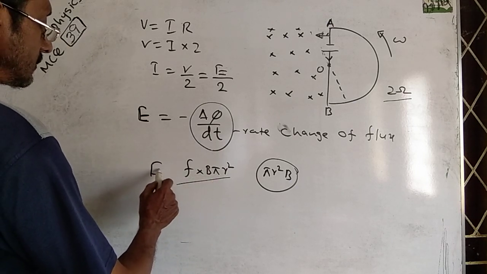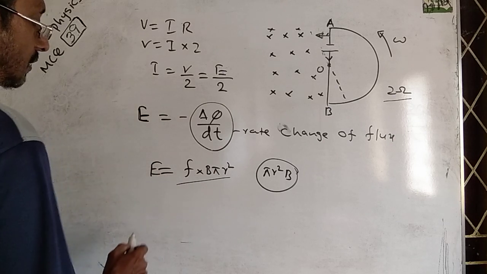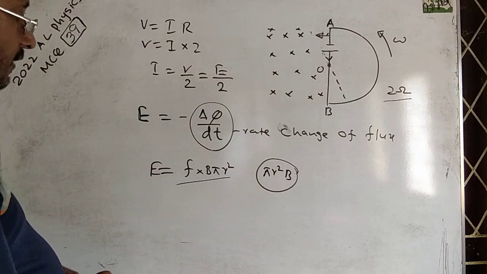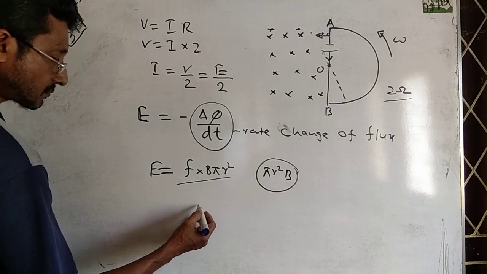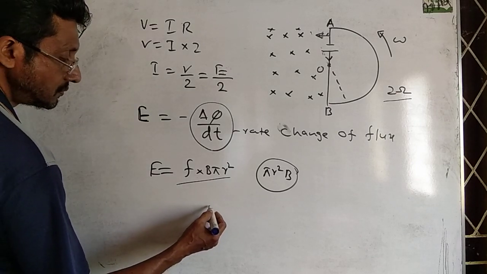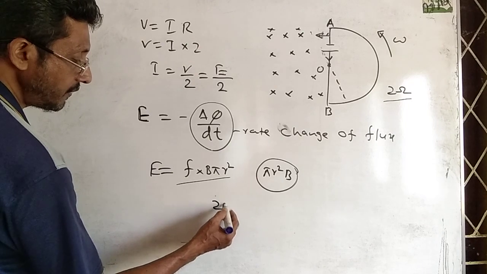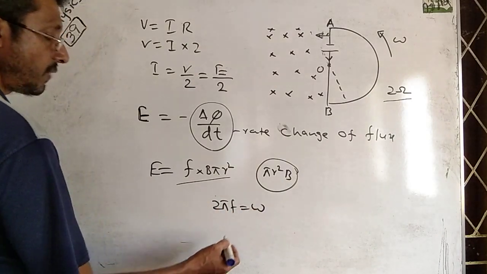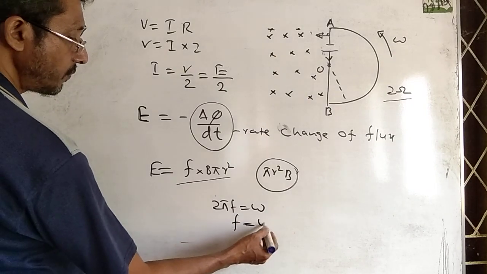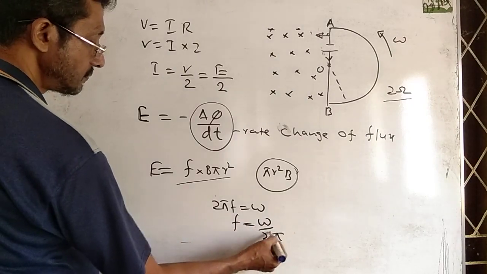Therefore, E equals B pi R squared f. We can apply 2 pi f is equal to omega. Omega is given, therefore f is equal to omega over 2 pi.